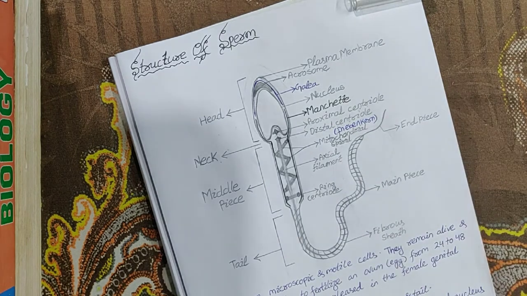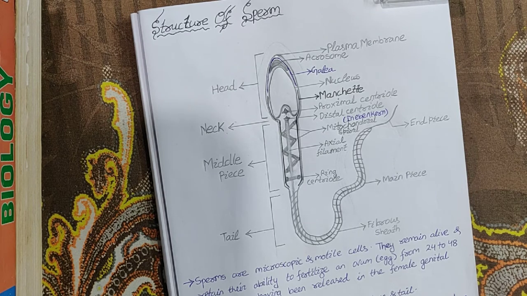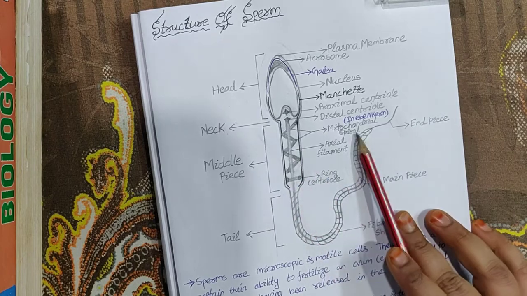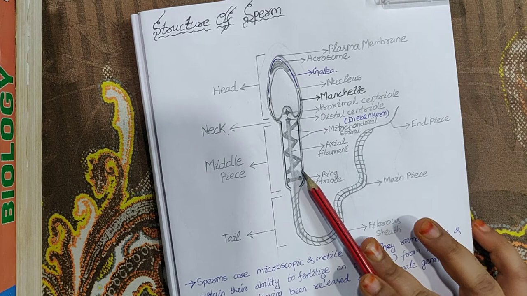Nebenkern. So what is the work of this part, the mitochondrial spiral or Nebenkern? It provides energy for the movement of the sperm.